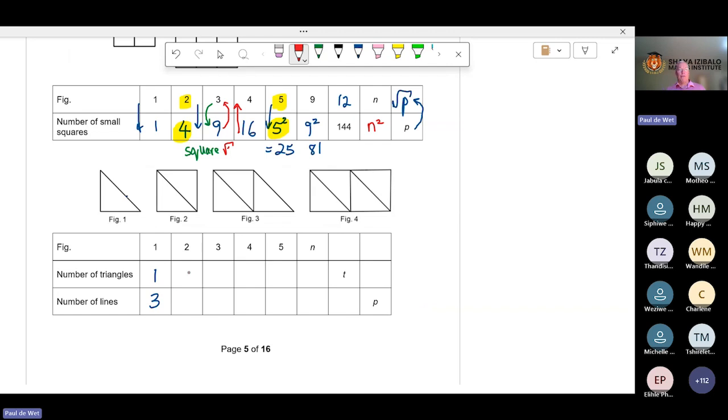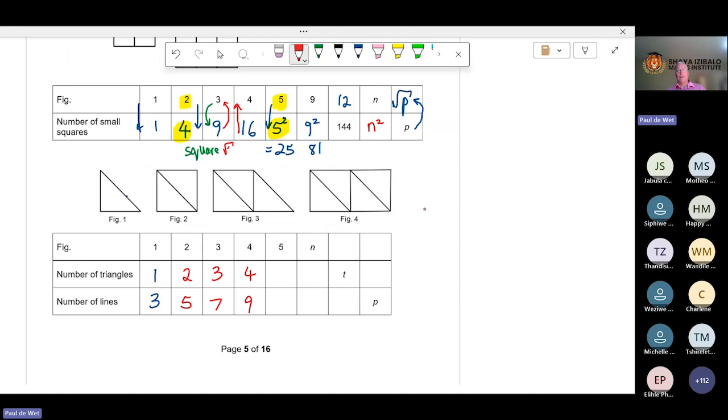I'm seeing some answers here. In figure 2, there are 2 triangles and 5 lines. That's exactly right. Figure 3, there are 3 triangles and 7 lines. Figure 4, there are 4 triangles and 9 lines. Now we're looking for patterns here. Figure 5, absolutely, there are 5 triangles.